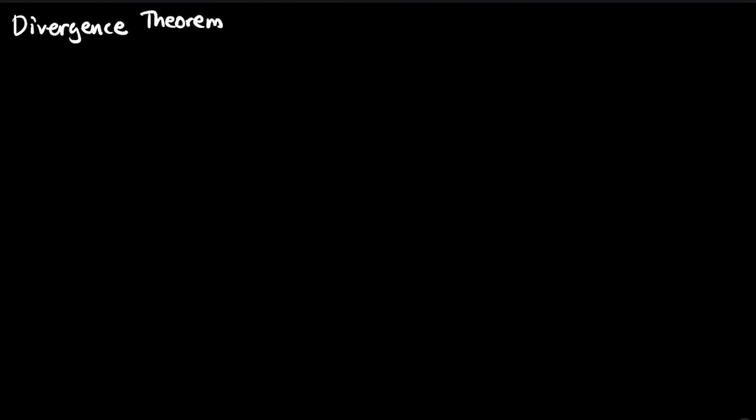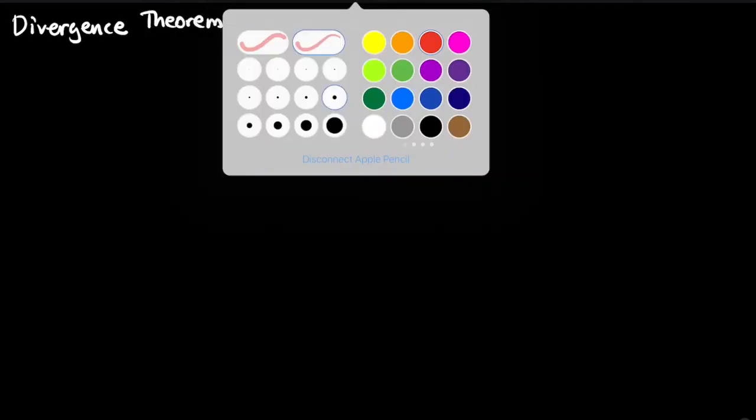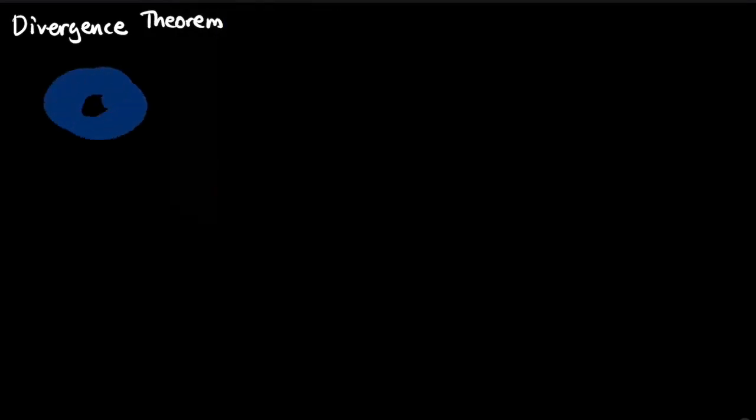So we're going to consider some kind of volume of space, and to do that I'm going to draw it in blue. There's going to be some kind of volume of space right here. This isn't a surface, this is a volume, and it's going to have some charge in right here.